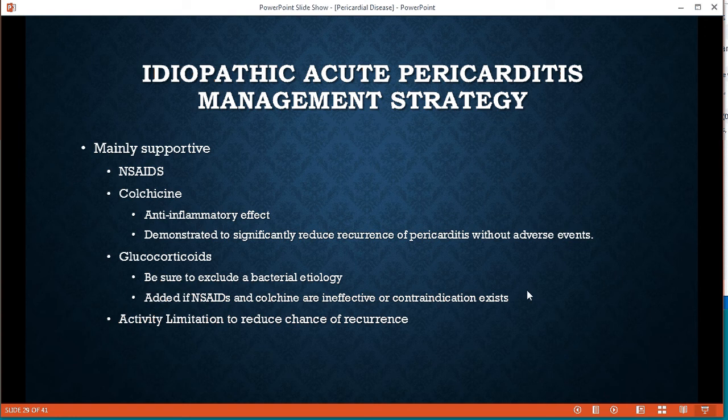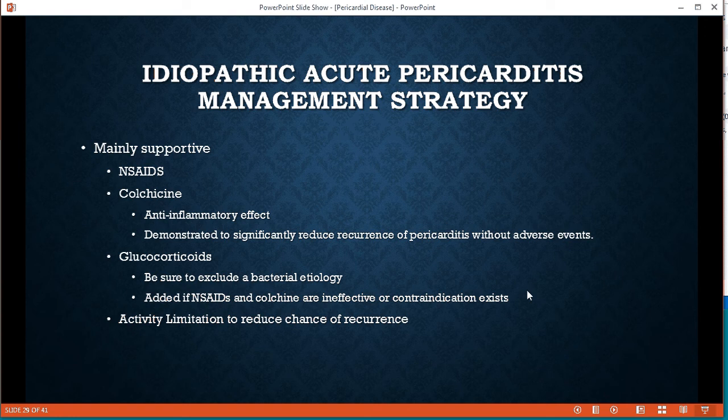So you have to make sure that you have excluded some type of infectious etiology, mainly bacterial etiology. Usually glucocorticoids are added on as a secondary means of treating pericarditis if NSAIDs and colchicine have been proven ineffective, or again, there are some contraindications such as we talked about with NSAIDs.